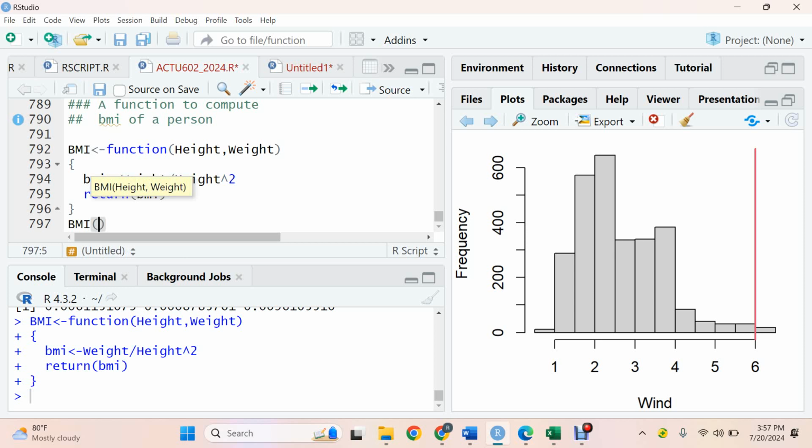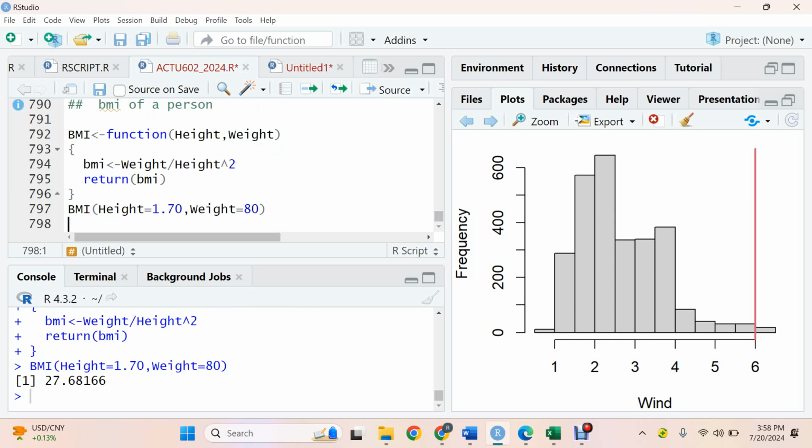If I get the weight and height of some people, the arguments, let's say the person's height is 1.70 meters and weight is 80 kilograms.